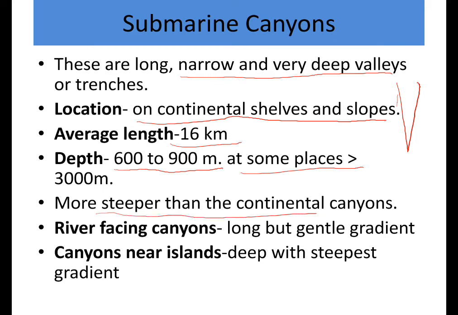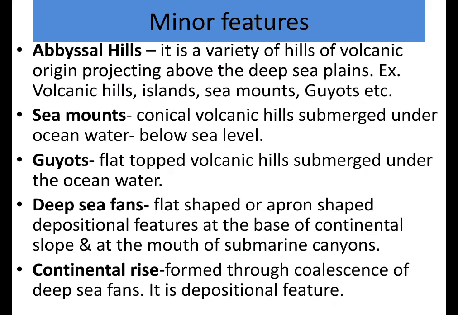When we compare them with river-carved canyons, submarine canyons are much steeper. River-carved canyons are long but with a gentle gradient. If canyons are near islands, they are deep with the steepest gradient.